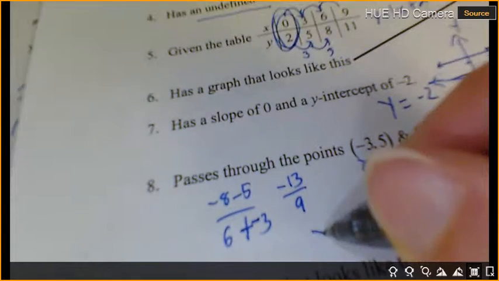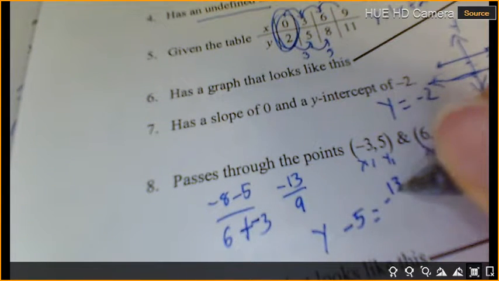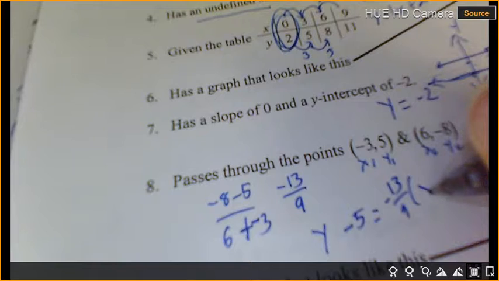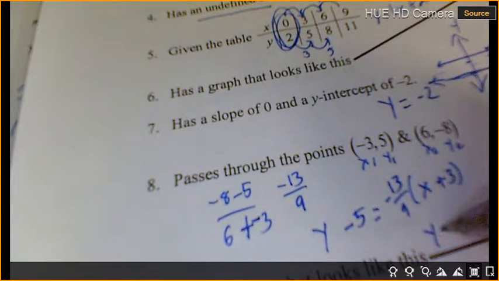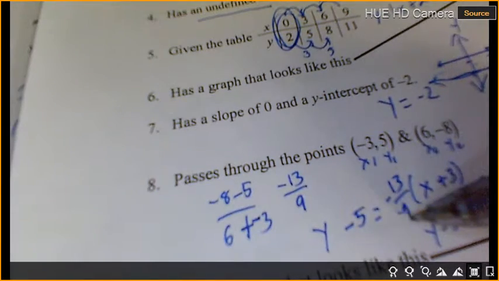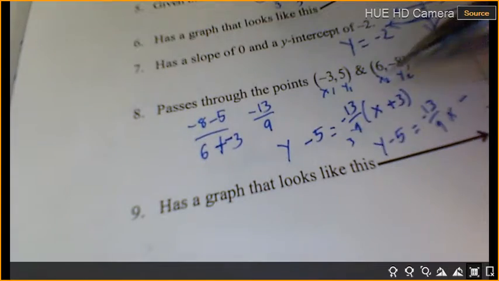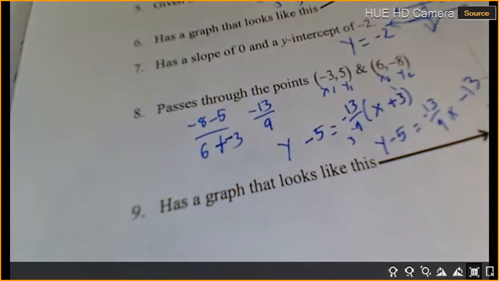So it's going to be y minus 5 equals -13 ninths times x plus 3, because it's minus a negative. Okay? And we get y minus 5 equals -13 ninths x minus, that's 3, that's 1. It's minus 13. Just trust me. Okay, or put it in your calculator and do it.